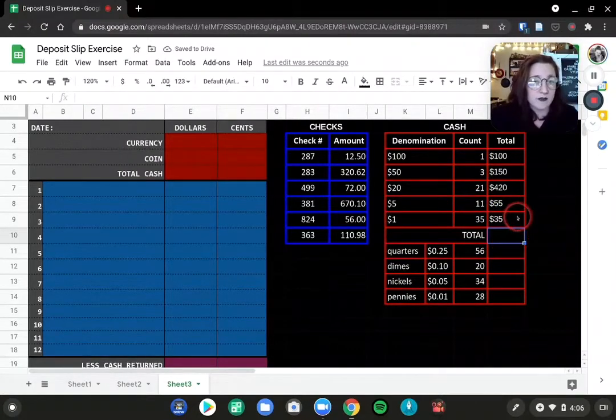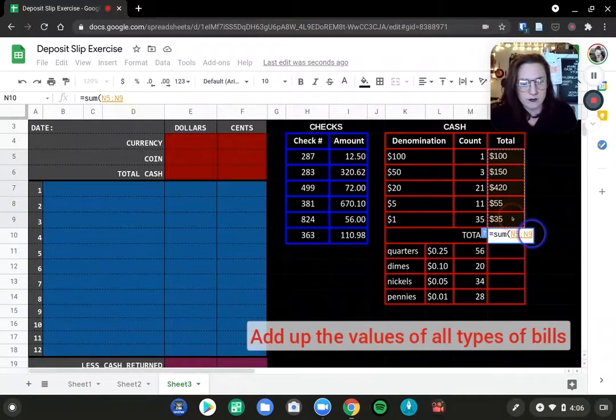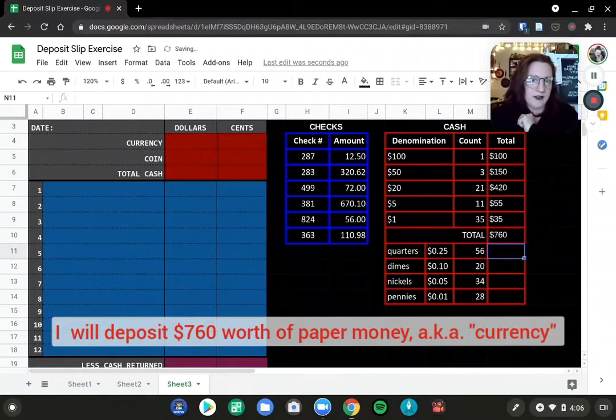Okay, so now I have a row that I can add everything up in. I'm going to take the sum of all of the totals of each bill type, and there I have $760. So I can go over here and write $760 and 0 cents.